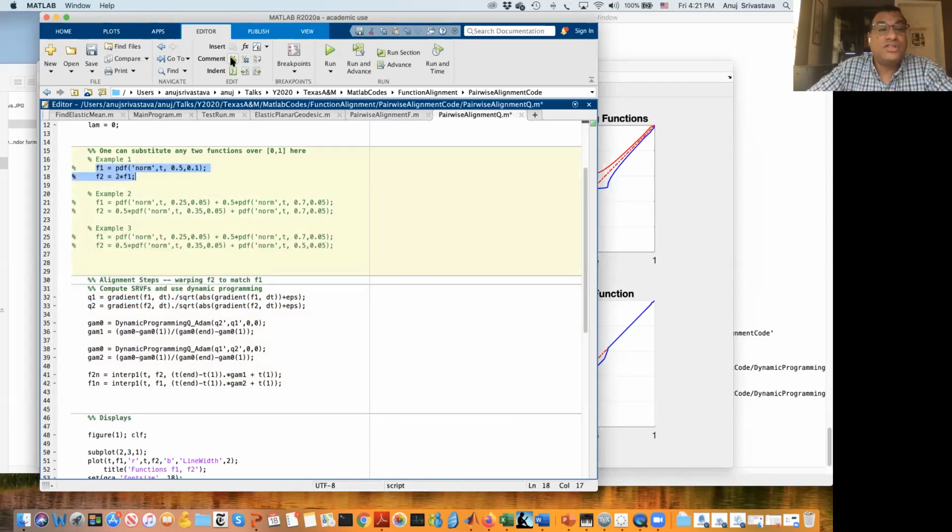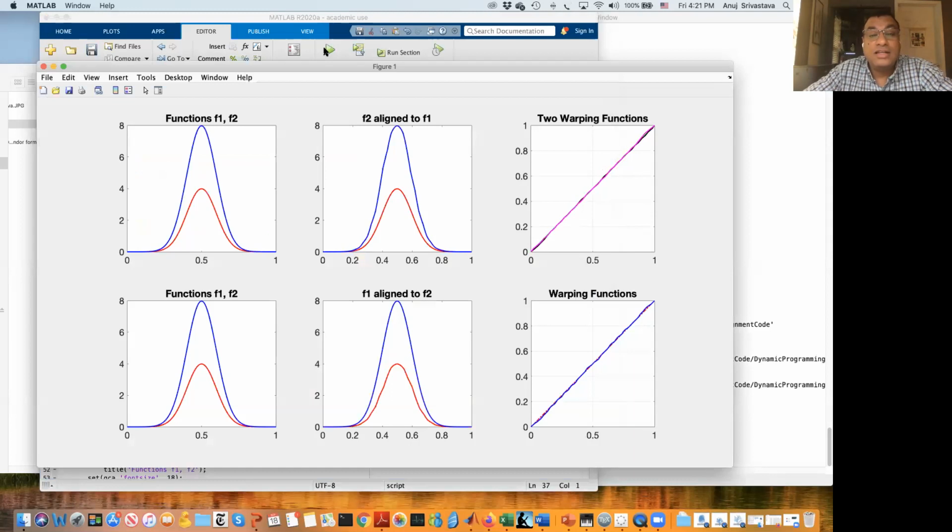I have two functions where F2 is just twice F1, so they're perfectly aligned and I don't want to do anything with them. I compute their SRVFs, and then I apply dynamic programming. This is now a MEX code, a C code called from MATLAB, so it will go very fast. Let me just run it. It just did it, that fast. I click the button and it does it because it's been programmed in C.